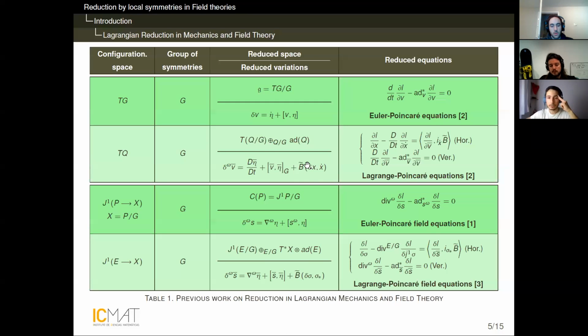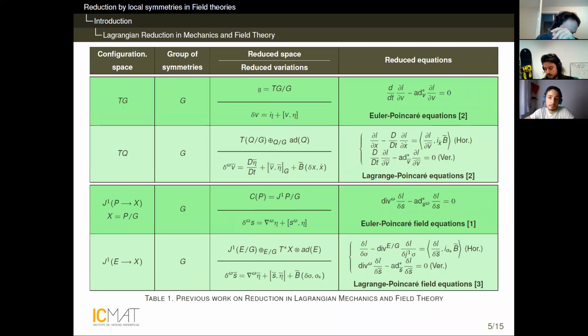The second thing I want to note is that to perform this reduction, we need these omegas here. We need them to study the geometry of the reduced spaces, but also to study the reduced variations and thus the reduced equations. These omegas are connections, principal connections on certain principal bundles. So principal connections are a fundamental tool to study reduction.